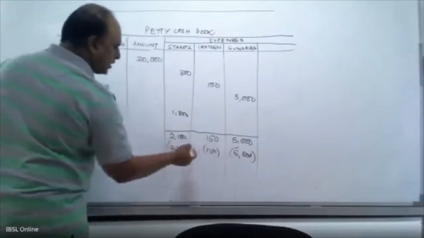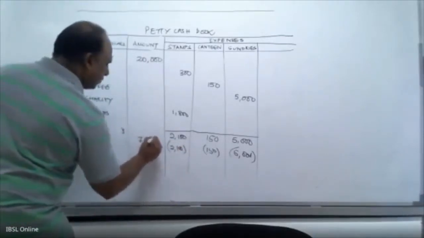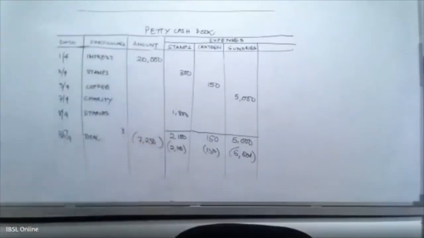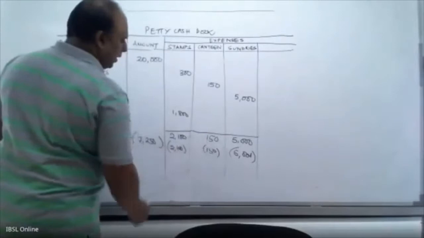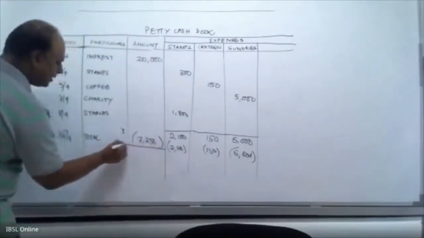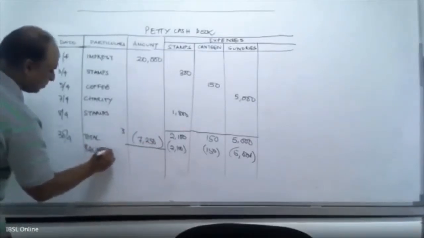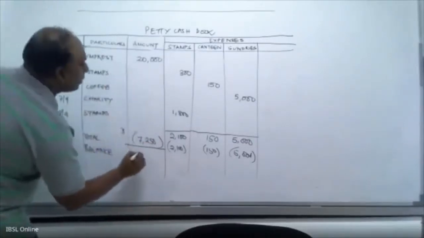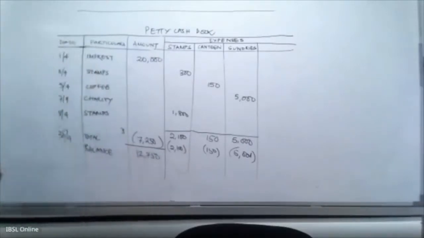Which is 7,250. Okay. 5,000, 2,100, and 150 means 7,250. So the balance is now how much? 12,750.